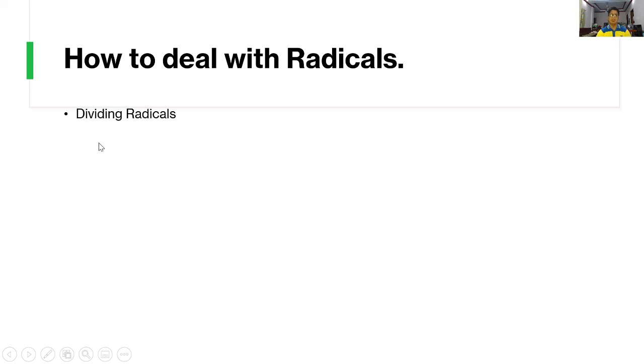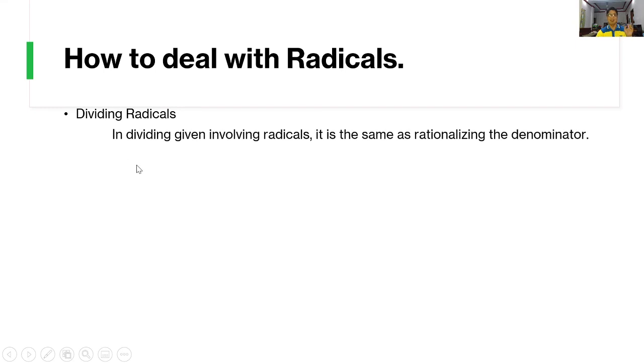Ito. So, in dividing radicals, technically, ayoko sanang pag-usapan mabuti dito sa lesson natin, kasi halos ito rin yung diniscuss natin last time around. In dividing radicals, it is the same as rationalizing the denominator. And this is what we have done the past 2 weeks.